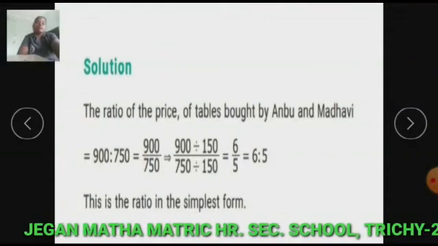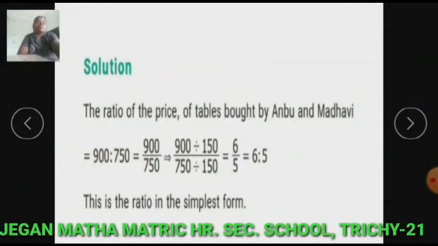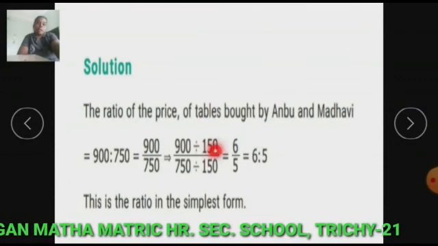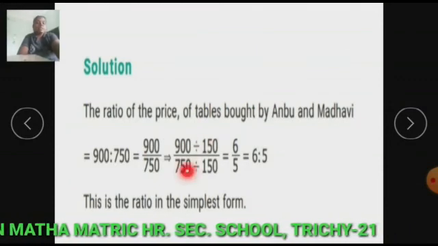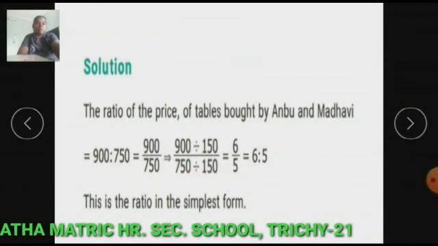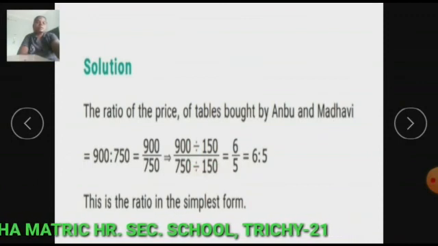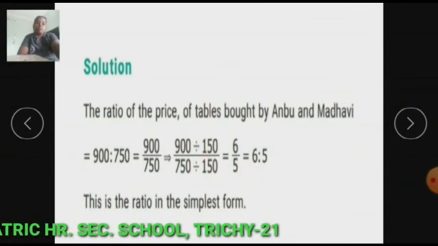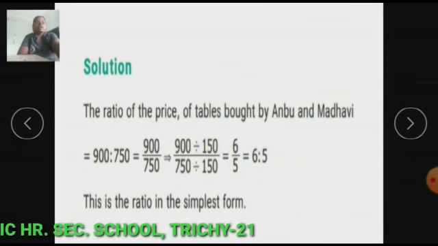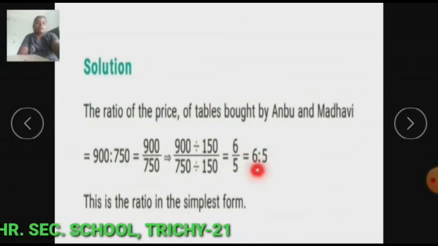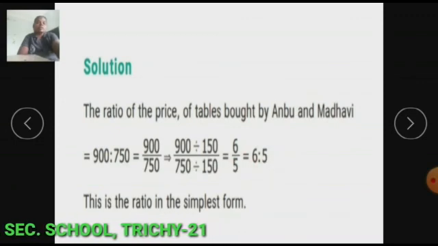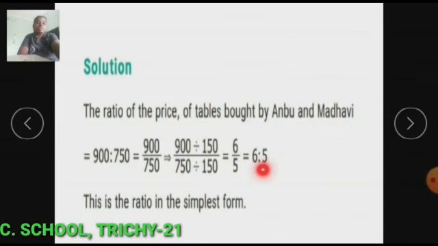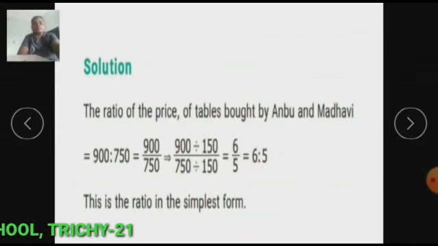Then numerator 900 is divided by 150 and denominator 750 is divided by 150. We get 6 by 5. 6 by 5 is the fraction form. We write the fraction form in the ratio form. So 6 by 5 equal to 6 is to 5. Here 6 is to 5 is the simplest ratio form.